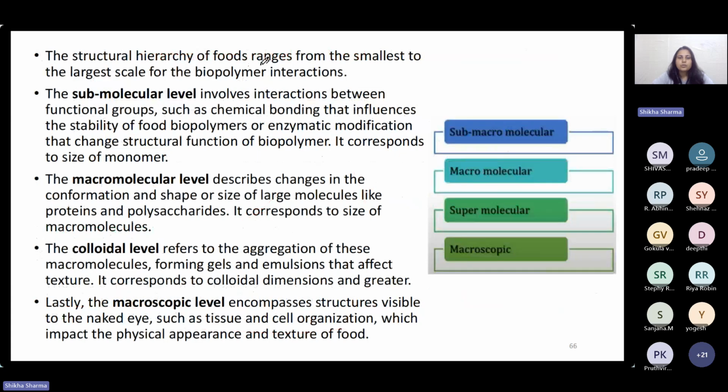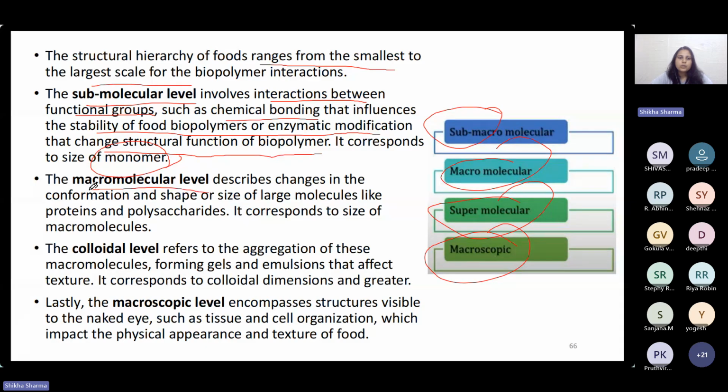So the structural hierarchy of the food ranges from the smallest to largest for the biopolymer interactions. So there are submolecular, macromolecular, colloidal, and macroscopic structures. Submolecular level involves the interaction between the functional groups, such as the chemical bonding that influences the stability of biopolymers, or enzymatic modification that changes the structural function of the biopolymer, and it corresponds to the size of the monomers.